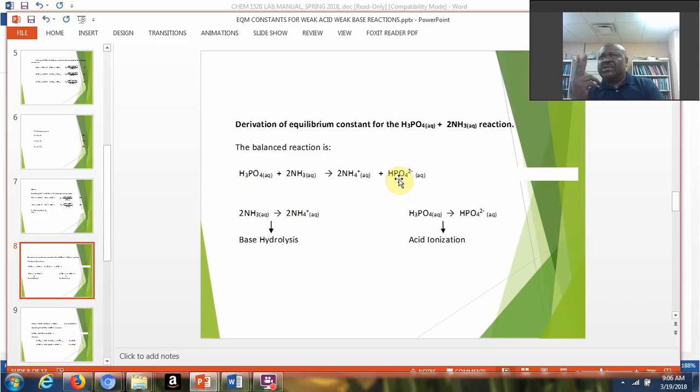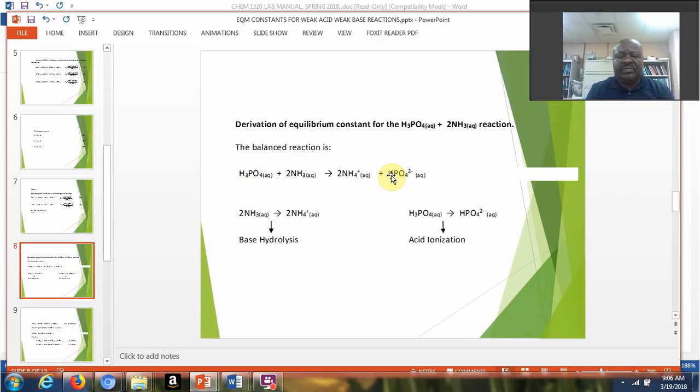But that happens in steps. So we go H3 to H2 to H1. 2 steps. Whenever we're decreasing the H pluses, H3 to H1, that's an acid ionization.